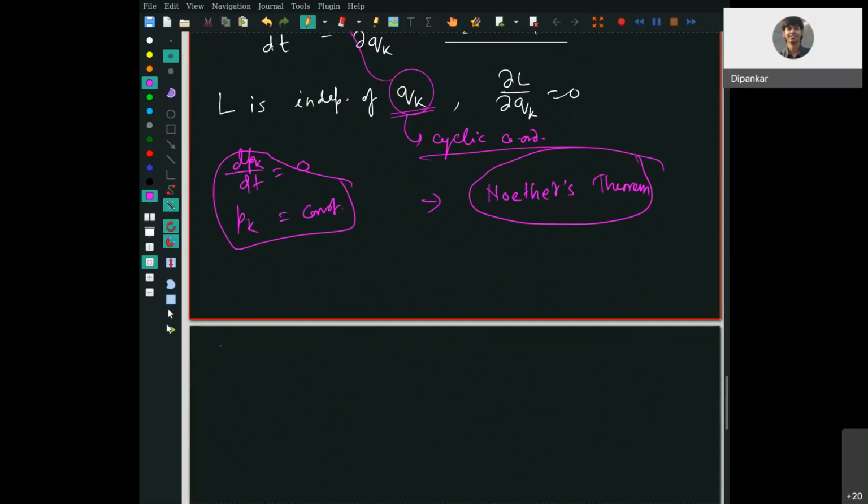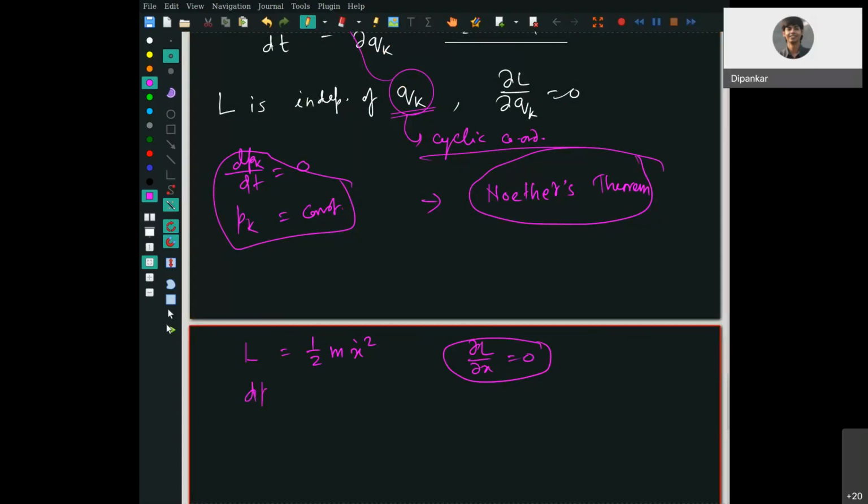In the free particle case, I had L equals half m x dot square. Just a free particle, no force at all. So here I have del L del x equals 0, because L does not depend on x, and that's why I had the equation of motion dpx dt equals 0, that a linear momentum is conserved, and that's why it moves with a constant velocity.